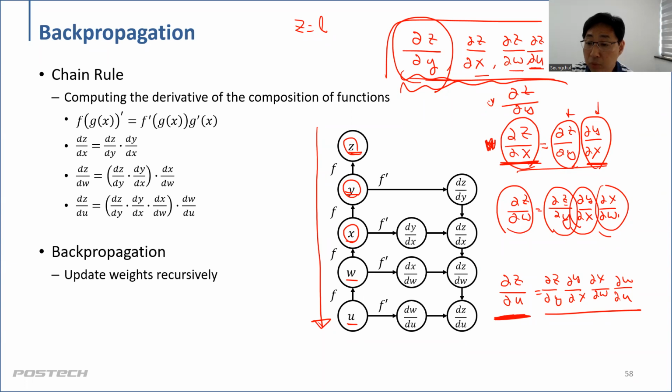But remember, like in dynamic programming, it is memoized and recursive. We already computed this guy, so we don't have to compute it again. Just get the values from your memory.